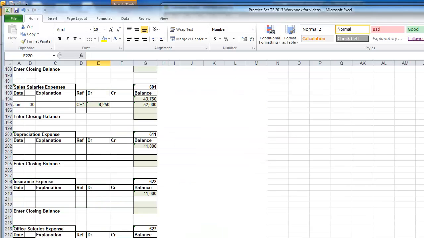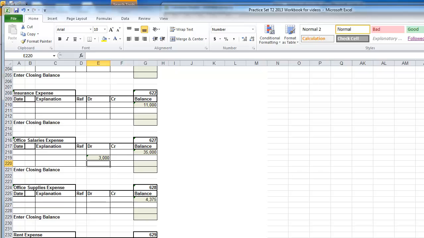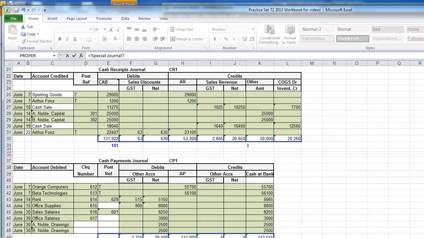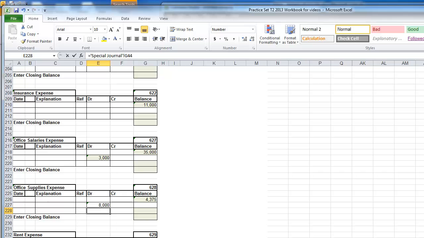Office supplies 8,000, June 14. Oh, why didn't that go debit? Why didn't that go green? CP1.